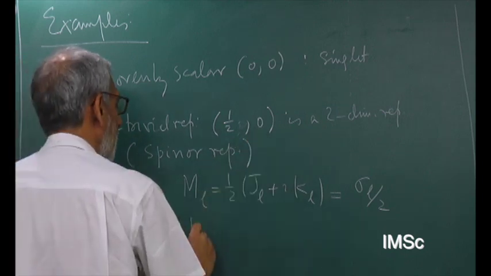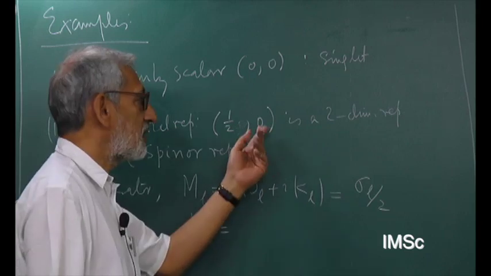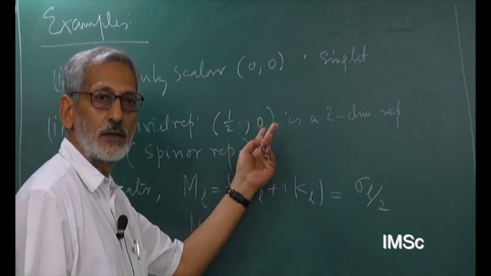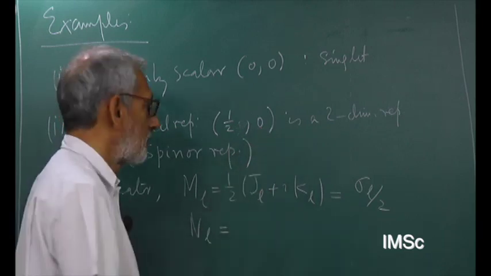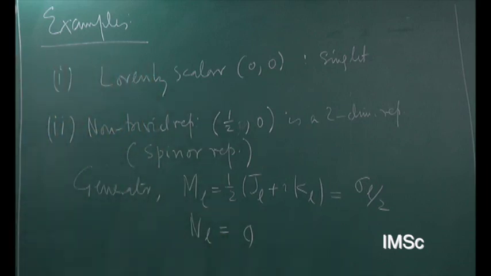And this generator NL, since under the second SU2 this representation is a singlet, did I miss an i somewhere? Yes. Good.